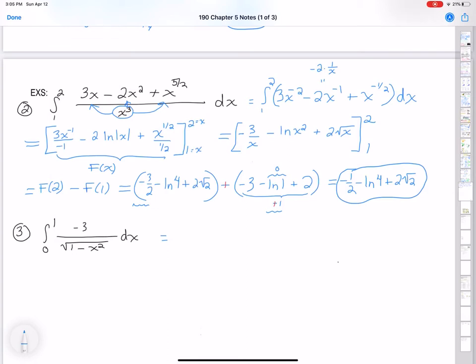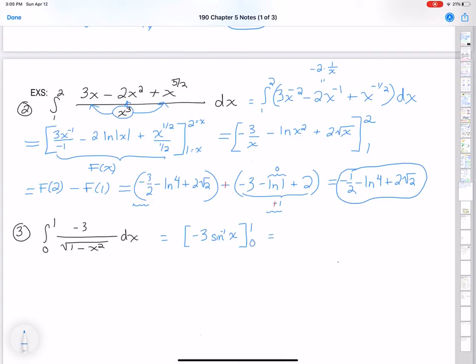Thinking about the negative 3 getting carried along as a constant multiple, if we remember, the derivative of sine inverse was 1 over the square root of 1 minus x squared. So the antiderivative of 1 over the square root of 1 minus x squared is going to be sine inverse, or arc sine if you prefer, of x. And again, now evaluated between my limits of integration.